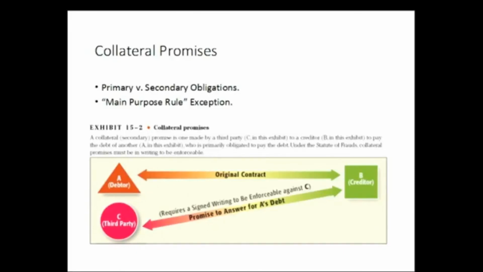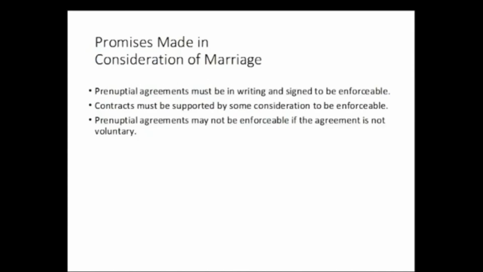Collateral promises, this is where we talk about the primary versus secondary obligations or the main purpose rule exception. And here's a good example of it. You have party A with an original contract with party B, and A owes money.